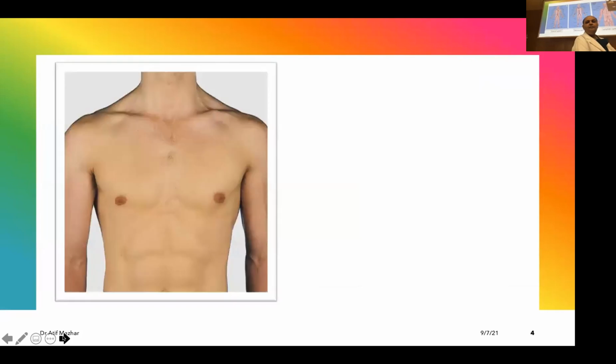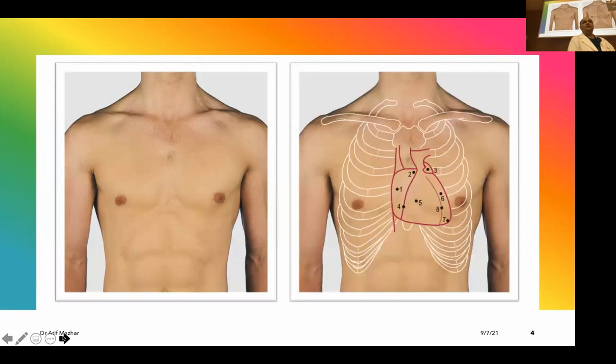Now, when you look at a human body, any normal human, a male, what are we talking about? The vascular system. The story begins from an organ which is a pump, and that organ is the heart. You are expected to be good at where this organ is located in the human body, and you have to be very clear.